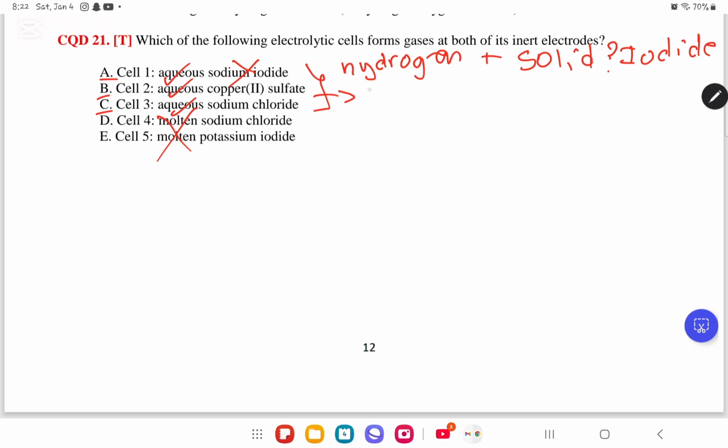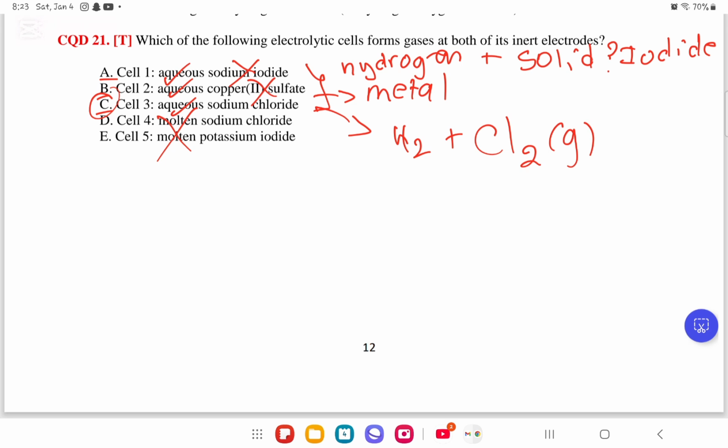Copper is going to form as a metal directly, we do not choose it because metal is a solid. And now finally, the last one, which is cell number 3, we have sodium, which will form hydrogen, so H2 gas, plus chloride, which will form Cl2 gas. So that means in cell number 3, aqueous sodium chloride, it will form gases at both of its electrodes.